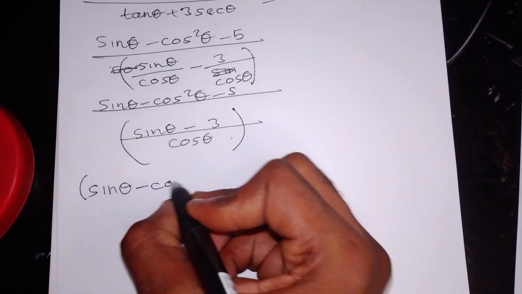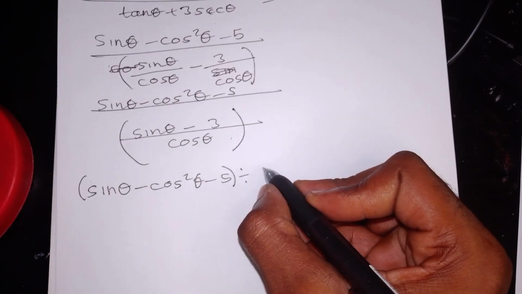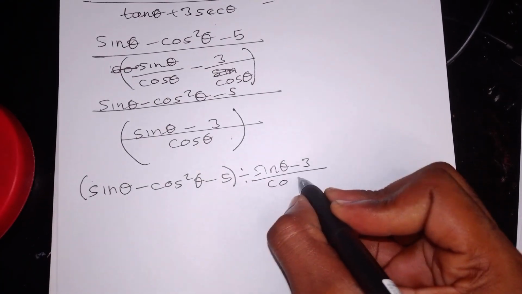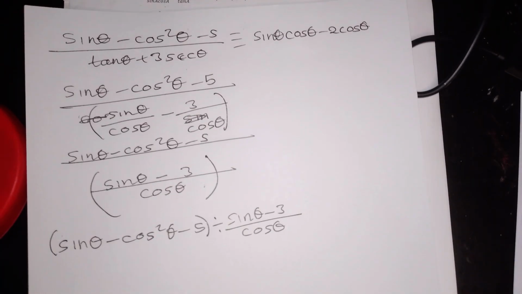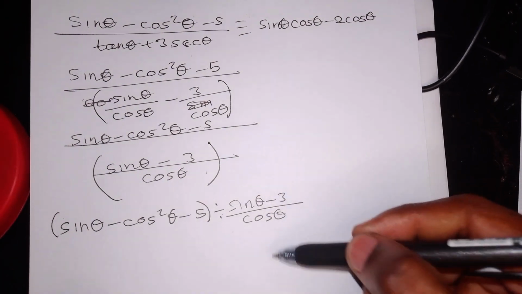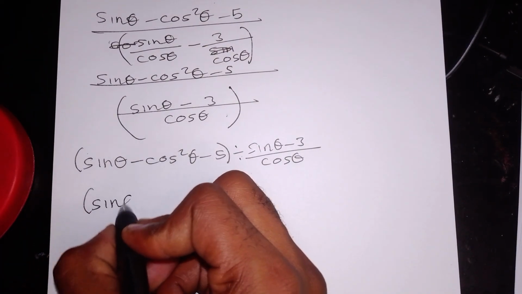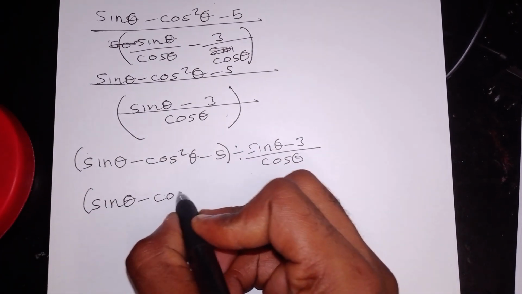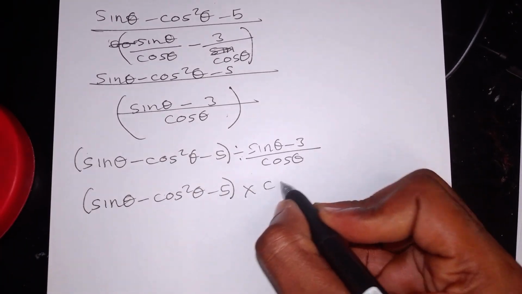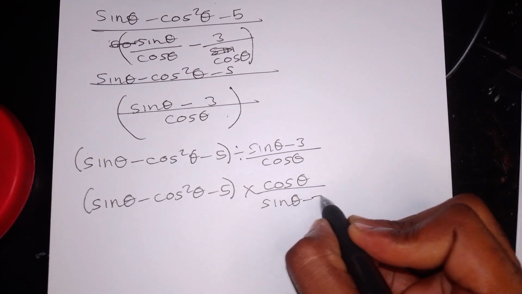Sine theta minus cos squared theta minus 5 divided by sine theta minus 3 over cos theta. So now, when you're dividing, we normally reciprocate this. So this will be sine theta minus cos squared theta minus 5 multiplied by cos theta over sine theta minus 3.